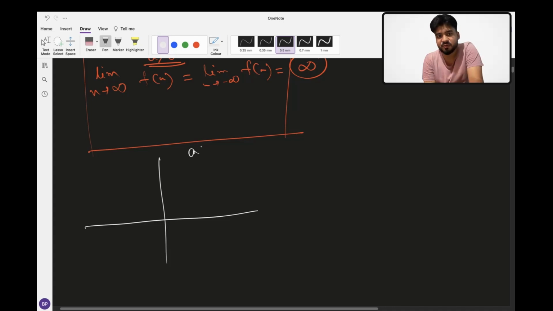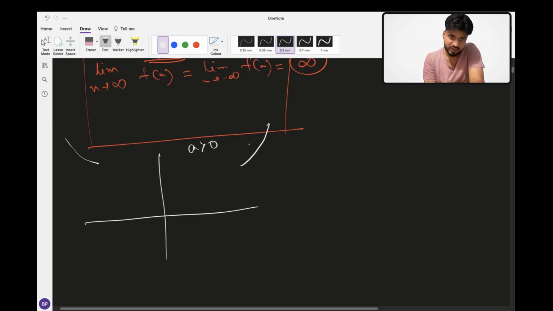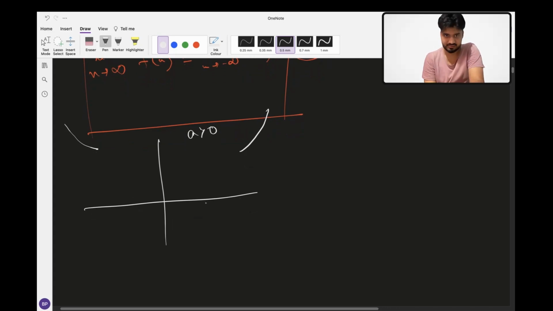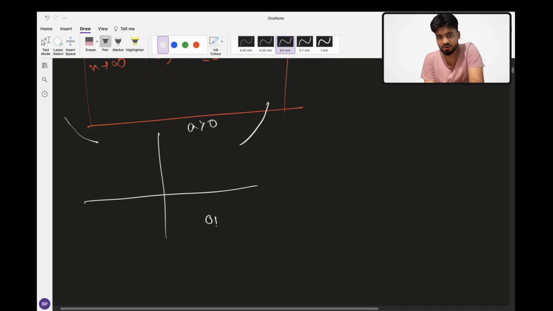If a is positive, it doesn't matter what happens in the middle part, but when the value of x is very high or very small, it will go towards infinity. Yes or no? Have you got this? Yes. So the curve will open upwards. Can you say that? Yes.